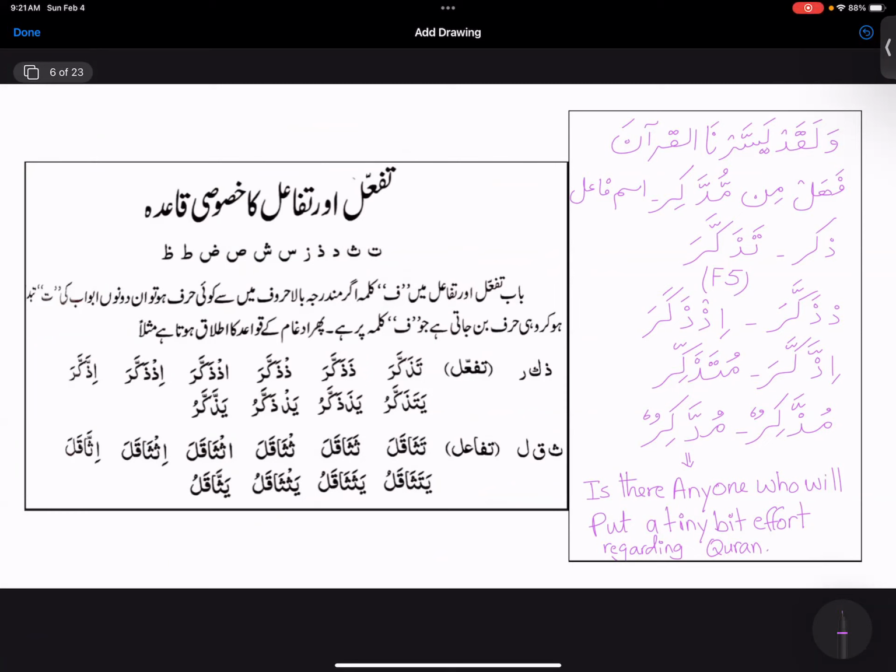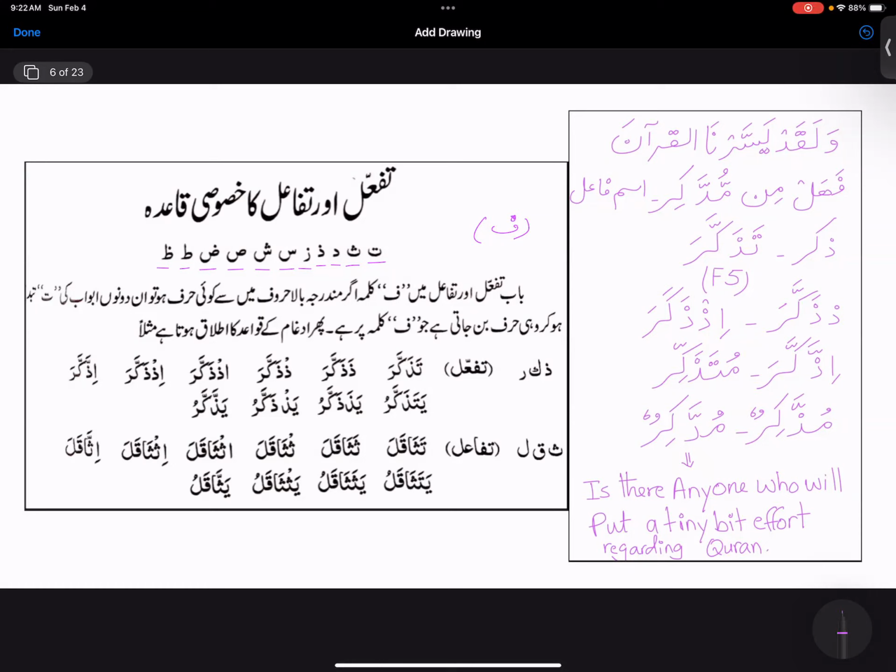What's going to happen if the fa kalima, meaning the first root letter, is ta, tha, dal, dhal, za, sin, shin, sad, dad, ta, or za. Okay, so if the first root letter is one of them, right? There are going to be some changes in this bab.